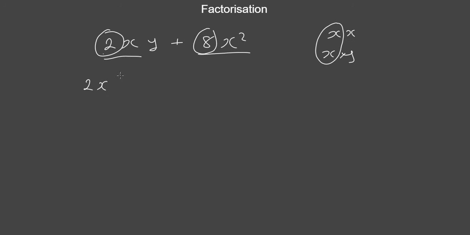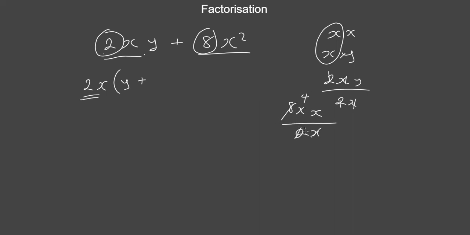Now, if you divide 2xy by the common factor, which is 2x, what are you going to be left with? You'll be left with y. So you write y. Then plus, you take 8x squared, which is 8 times x times x, and divide by the common factor 2x, that will give you 4x.